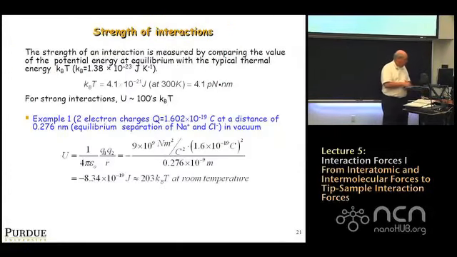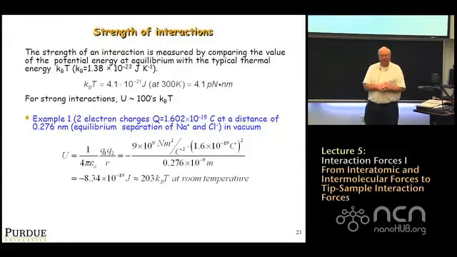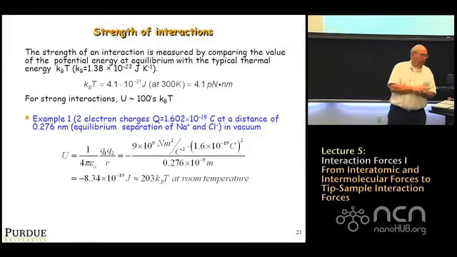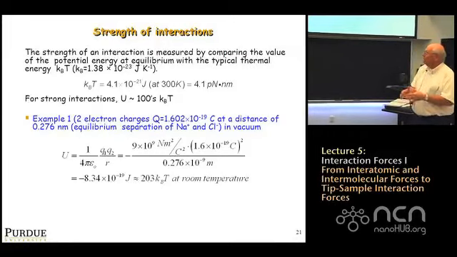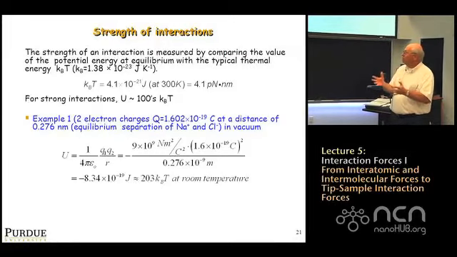So first of all, we have to talk a little bit about KT. When we say KT, we're referring to the product of Boltzmann's constant and temperature. Boltzmann's constant is 1.38 times 10 to the minus 23 joules per Kelvin.